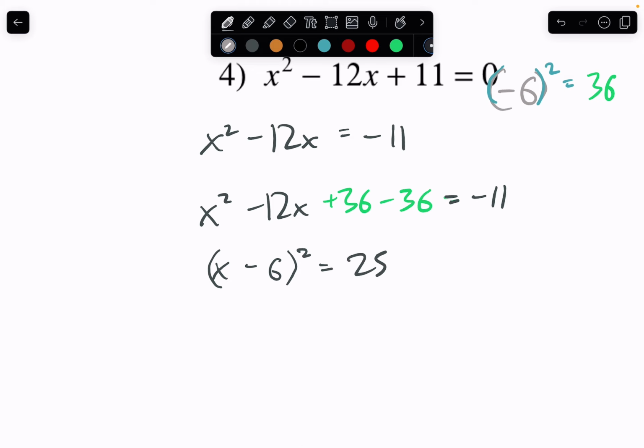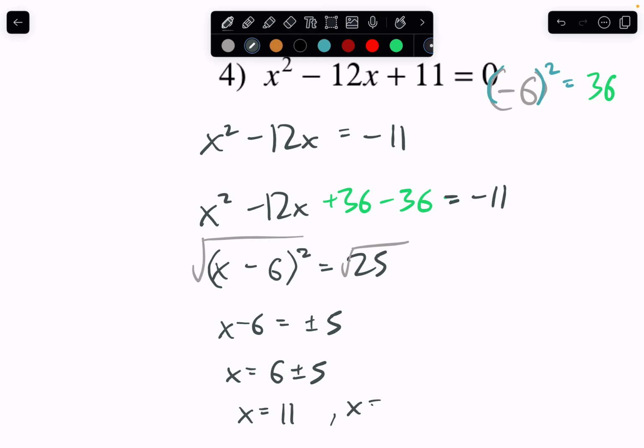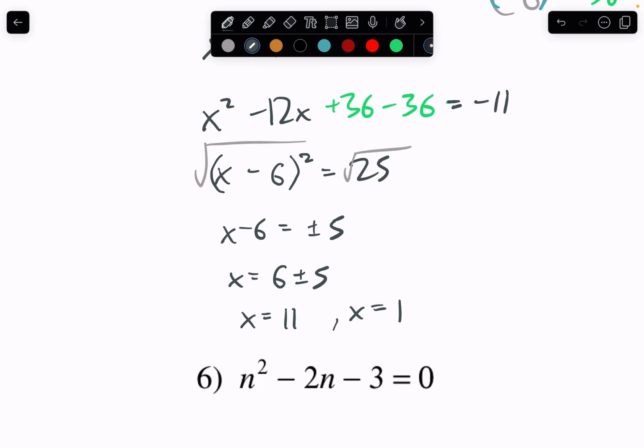Okay, square root both sides. We're going to get plus minus 5. And then 6 plus minus 5. x is going to equal 11. The other x will equal 1. So we have 11, 1, which is said to be correct according to the answer key.